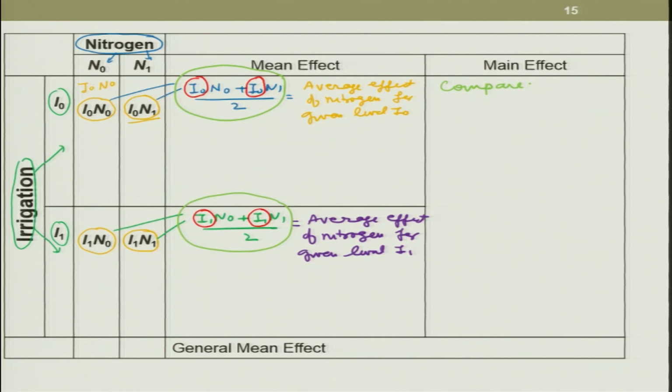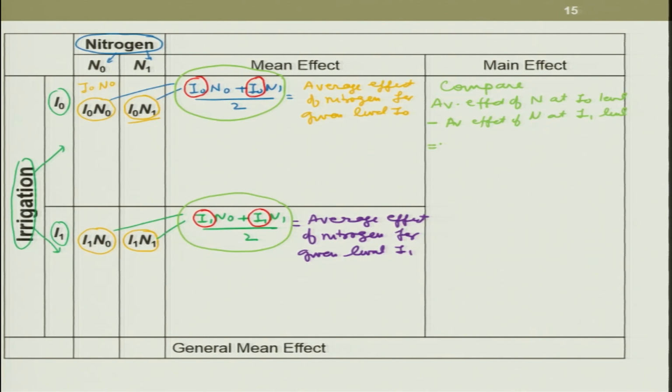And how do I compare them? I will simply find out the average effect of nitrogen at the I0 level minus the average effect of nitrogen at the I1 level.